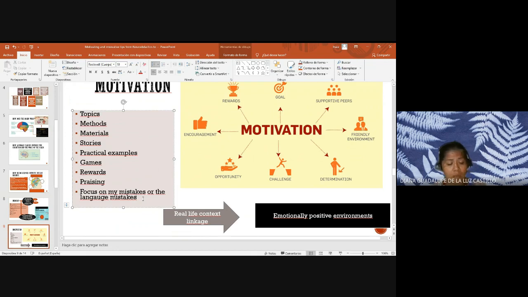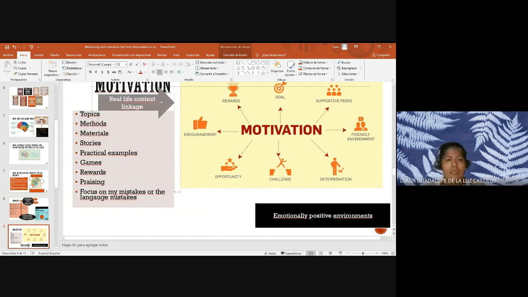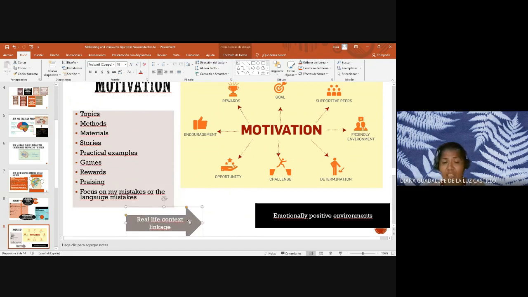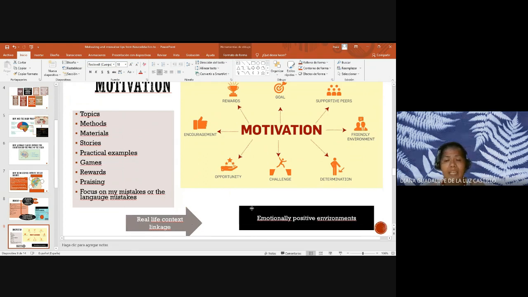Even when it is necessary, we need to be very, very, very nice to students. We need to have a real life context linkage always. This language, this phrase, this vocabulary is related to real life context. And we need to have emotionally positive environments, always positive environments.